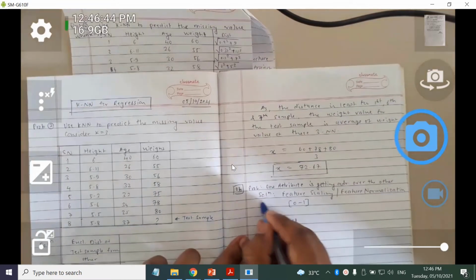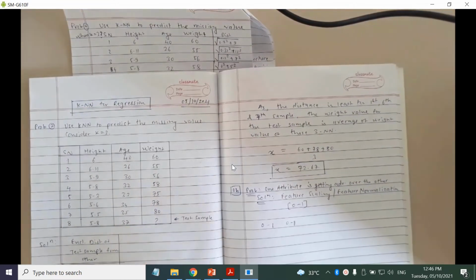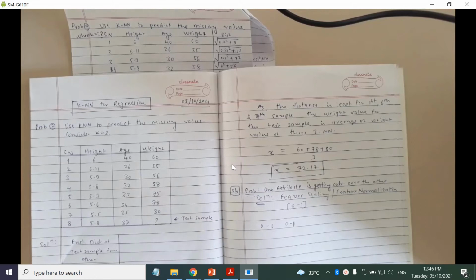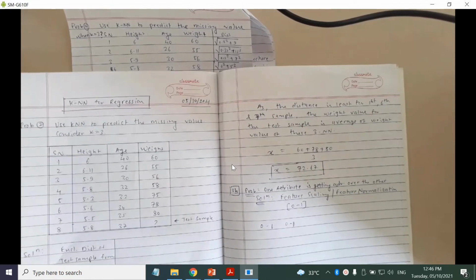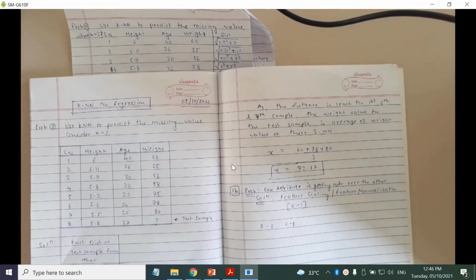So the solution is that we scale the features. We bring all the attributes onto the same battlefield, so they will have the same range, and then their differences will be somewhat in the same range.